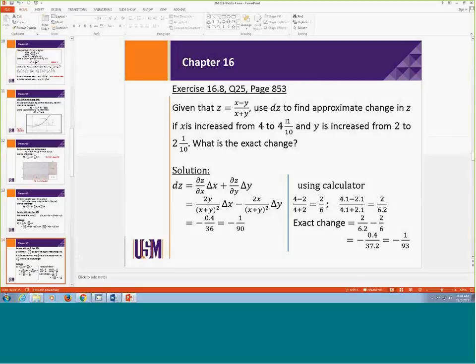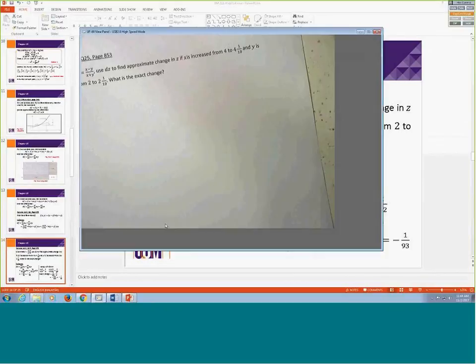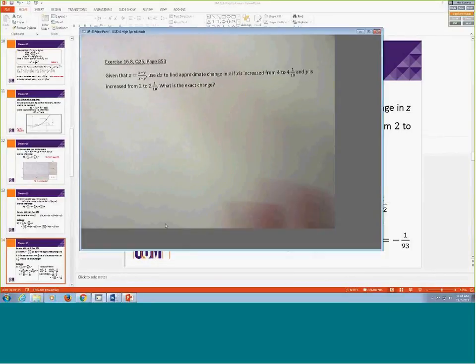Using the differential to find this value. The question is given that z is given, so this is the z.